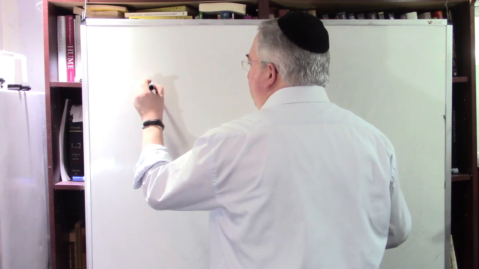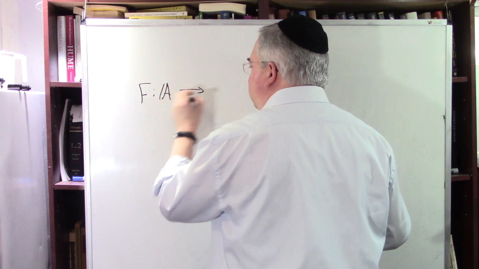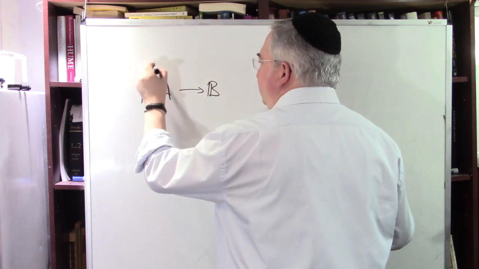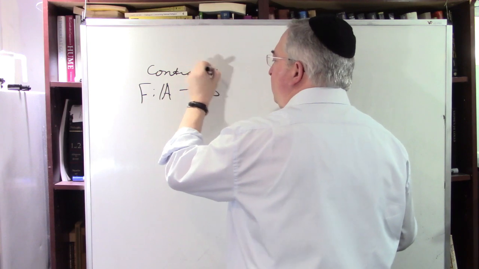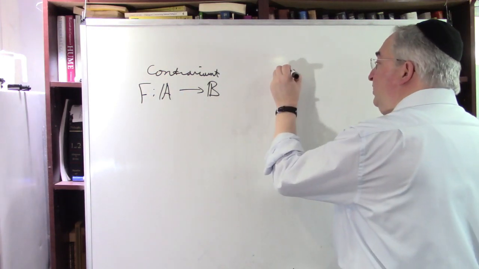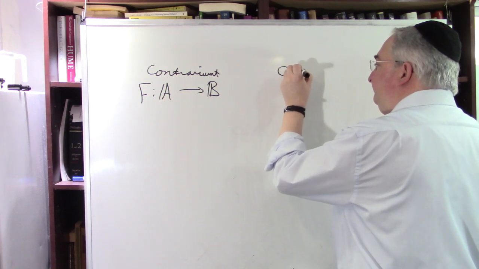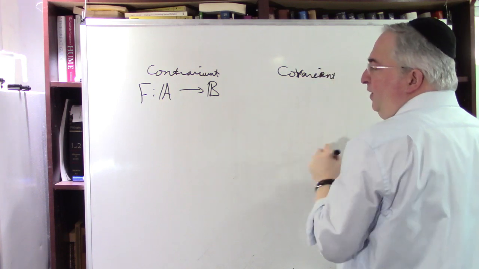Okay, so you have a functor from A to B, and I say this is contravariant. Well, this thing is equivalent to a covariant functor.